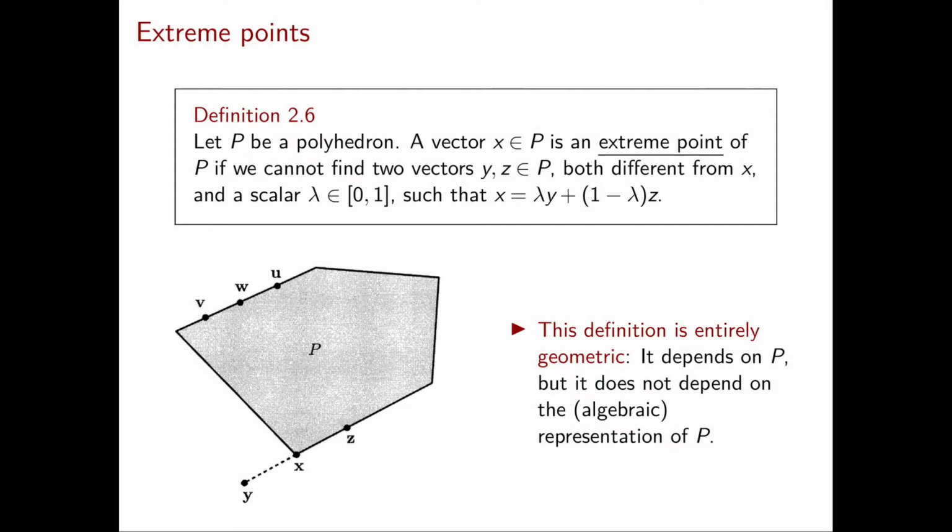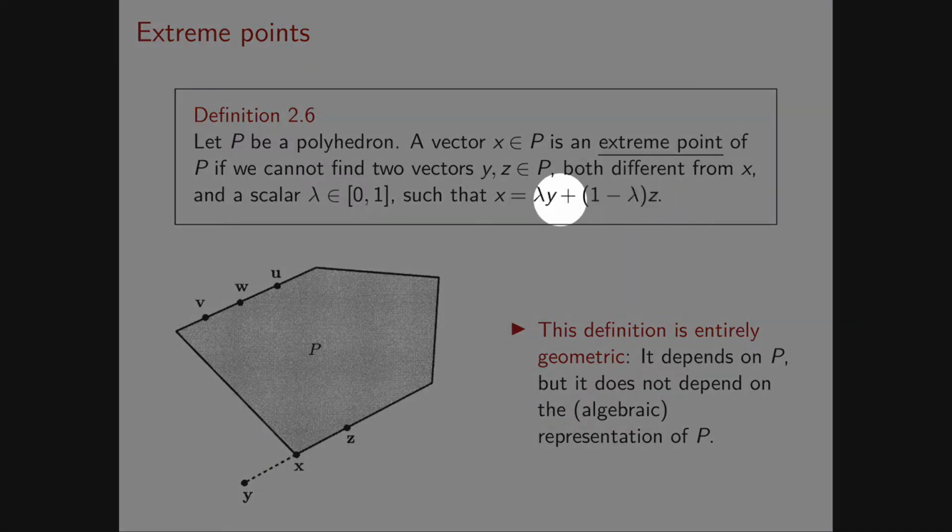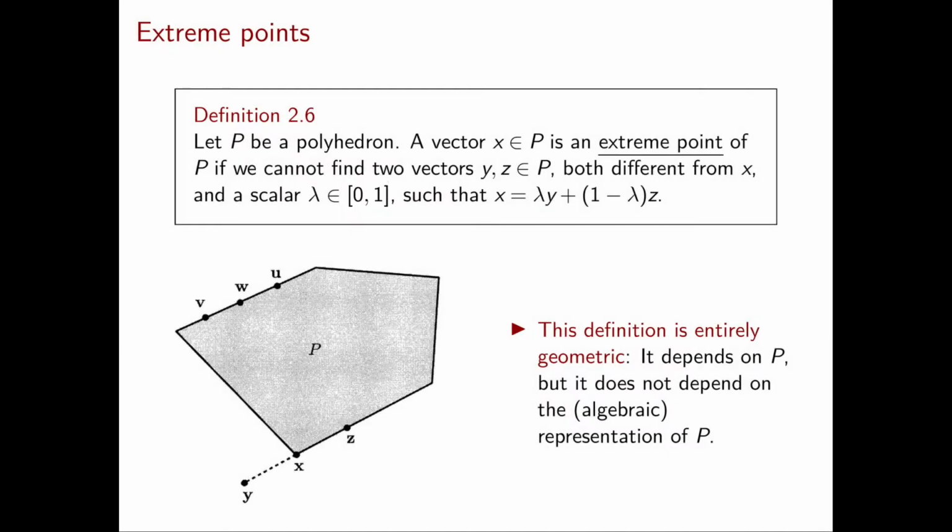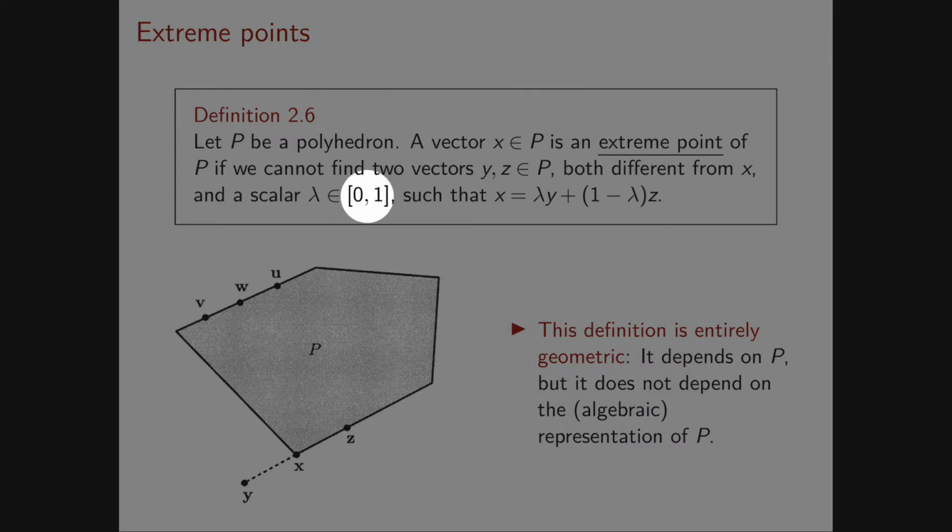In order to understand that this definition in fact matches our original idea, everything you need to do is to check that the points that can be written as lambda y plus 1 minus lambda z for lambda in the closed segment [0, 1] are exactly all those points in the segment joining y to z.